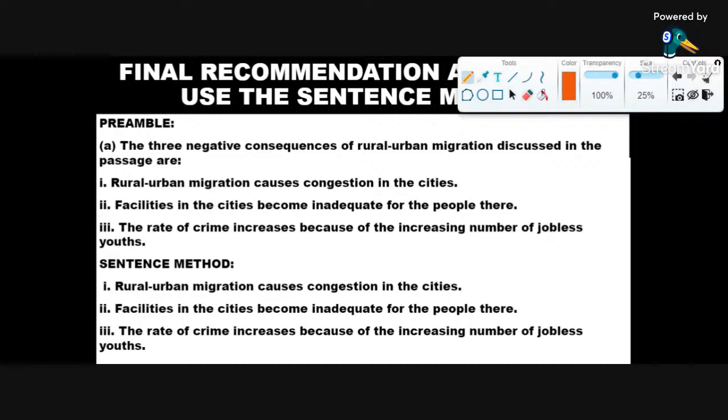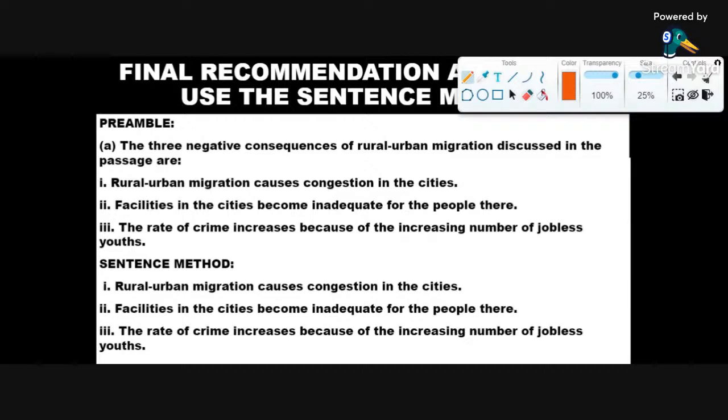Why should you present your answers in phrases and then fall into the trap of making each answer part of a preamble? And that is exactly why I strongly recommend that if you do not understand how to use a preamble, don't use it at all. Use the direct sentence method, okay?